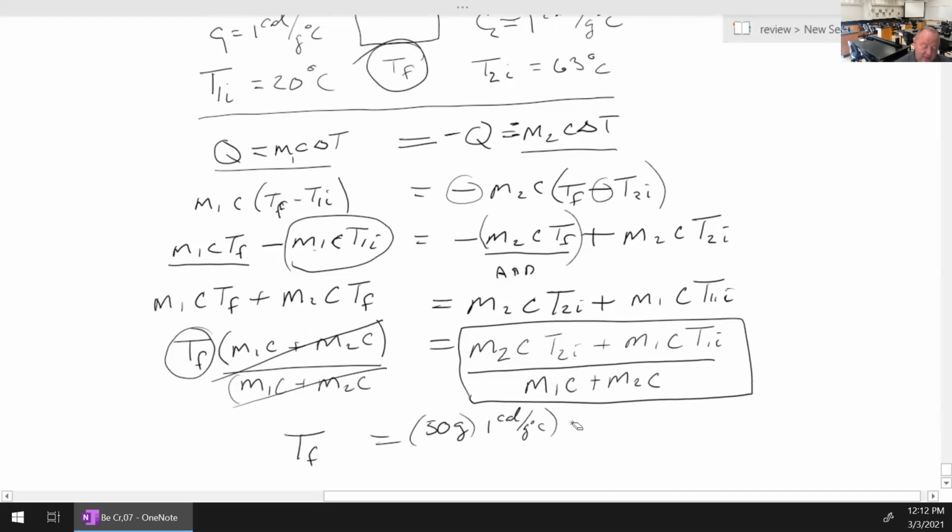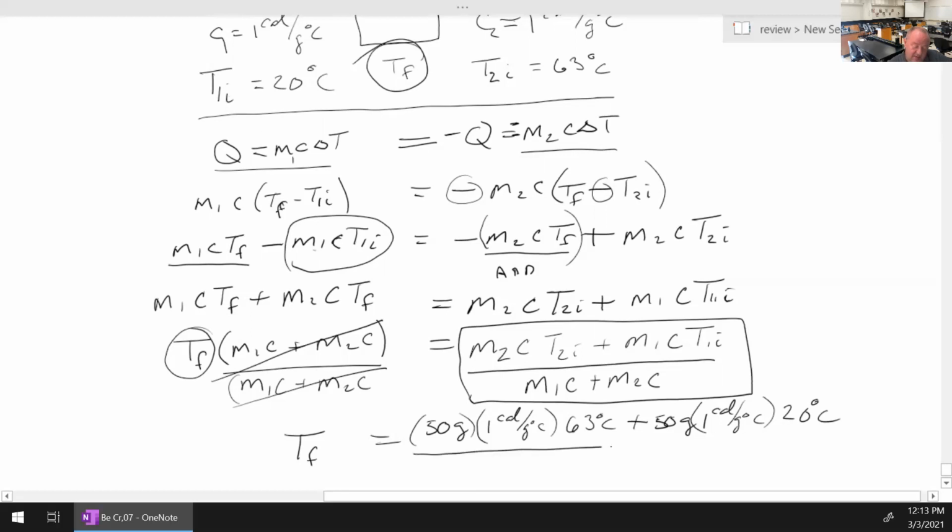Well, in my case, that was 63 degrees C. I'm going to add that to M1, which was 50 grams. And C for water, again, is 1 calorie per gram degrees C. I'll put a parentheses around that. I guess I forgot it there too. And T1I was 20 degrees C.